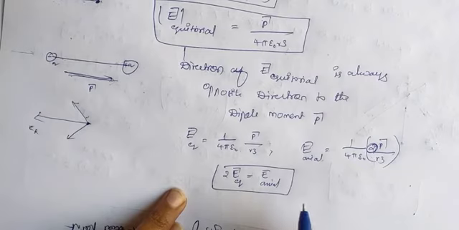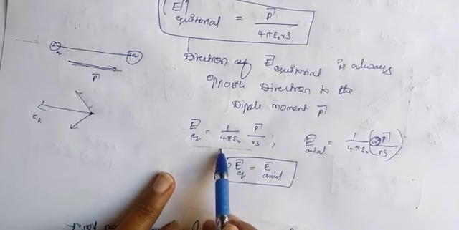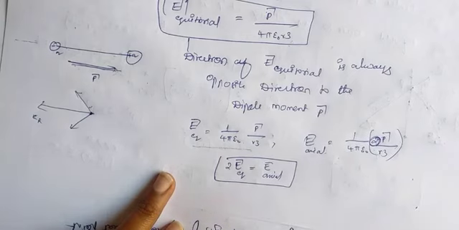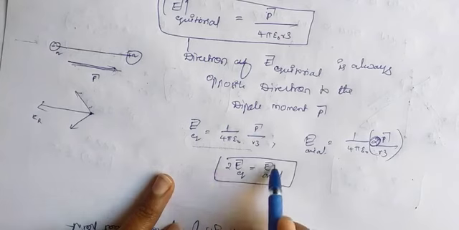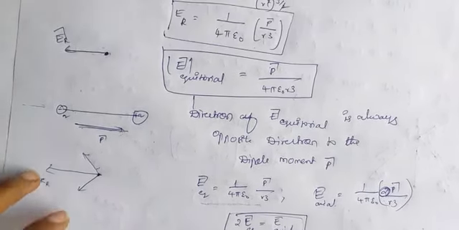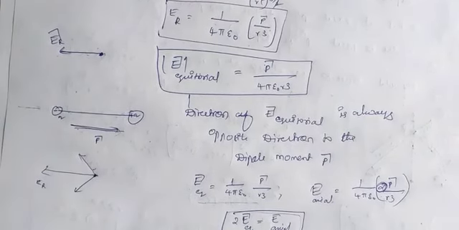So that means the effect due to the dipole at the axial line is greater than at the equatorial line. Okay, so that is 2 times the equatorial must be equal to the electric field due to the axial point. So this is the electric field at the axial point and the electric field at the equatorial point.